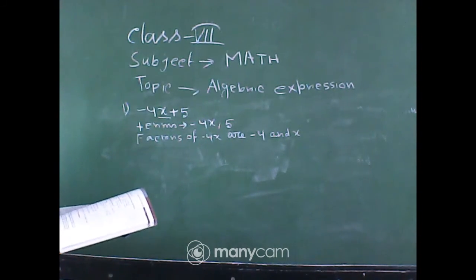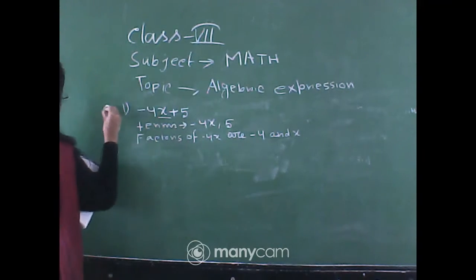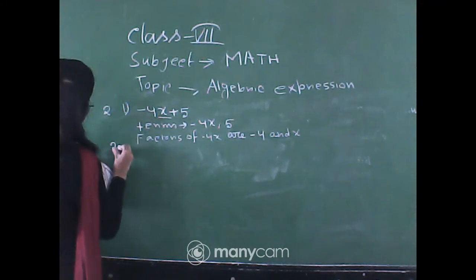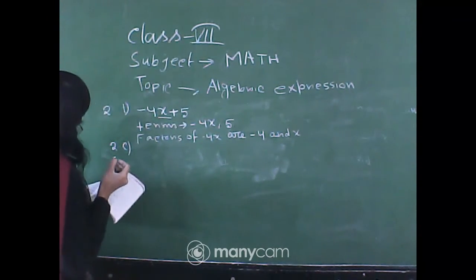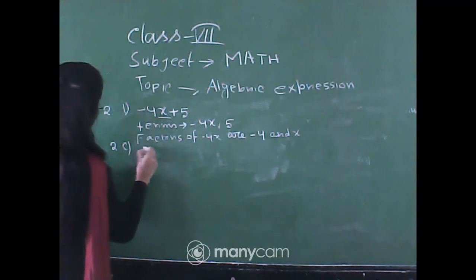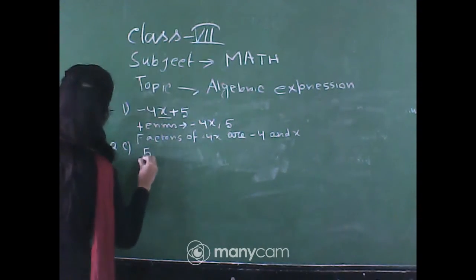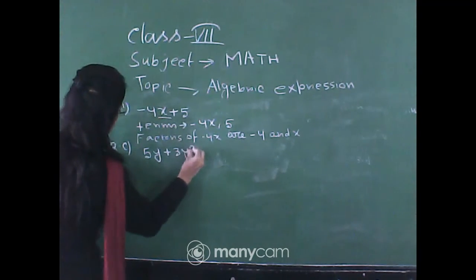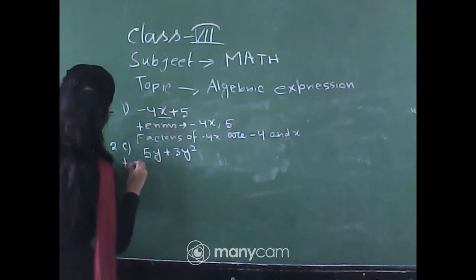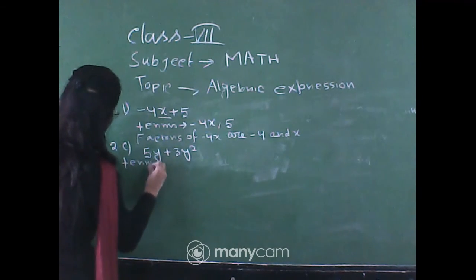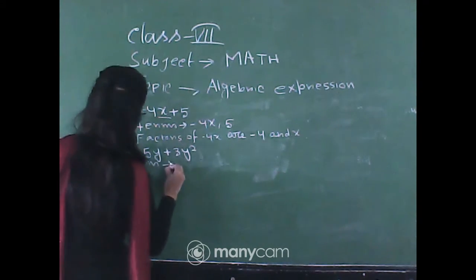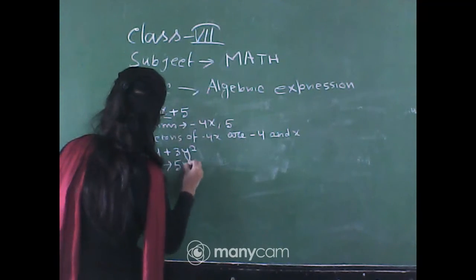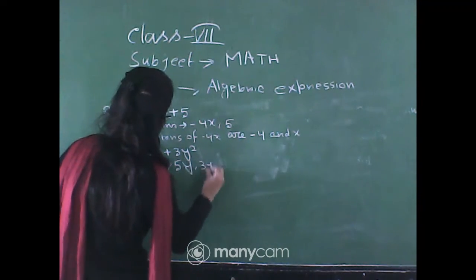Next, to see, here the algebraic expression is 5y plus 3y square. Terms of this algebraic expression are 5y and 3y square.